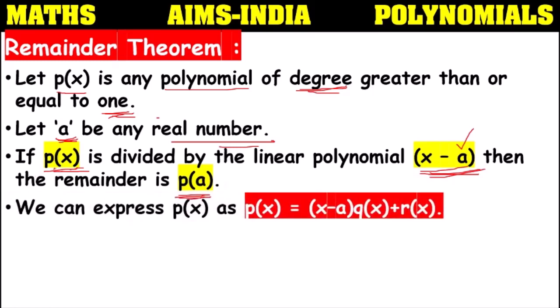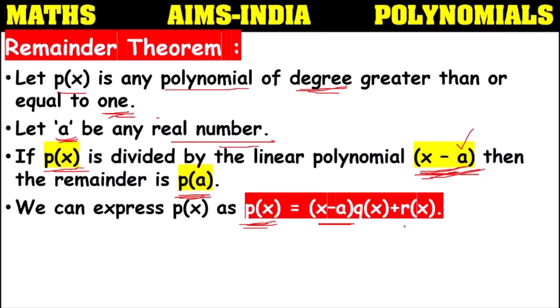So here, according to the division rule, this can be expressed as: P of x is the dividend. So dividend equals divisor times quotient plus remainder. What is the divisor here? We are dividing with x minus a. So x minus a will be the divisor. Then the remainder is P of a.